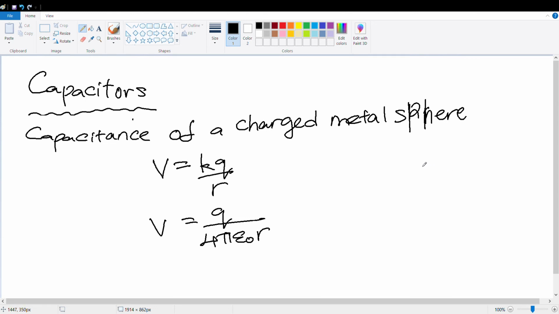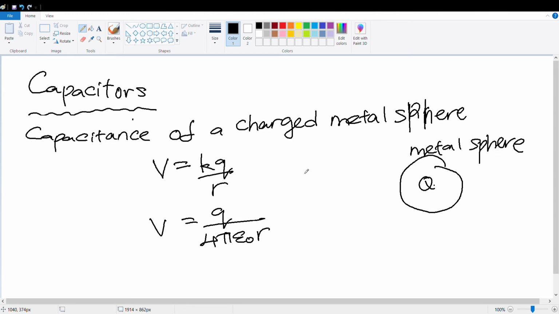Consider this is our metal sphere, in the permittivity of free space.